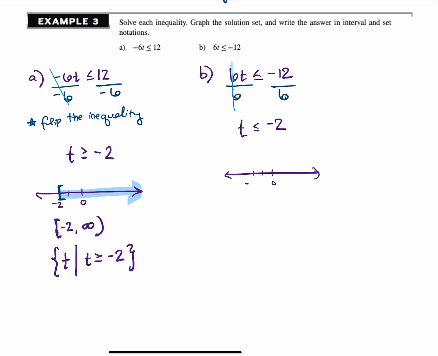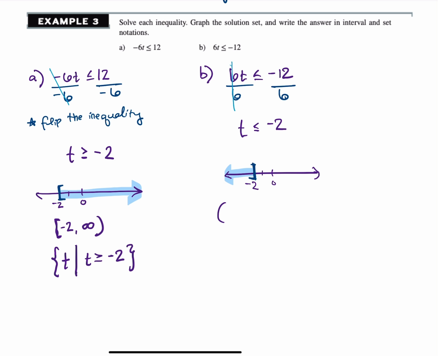So this time, negative 2 here. This time it's less than or equal to. So I would still include the negative 2, but now I want everything that's less than negative 2. So all possible real numbers less than or equal to negative 2. So as an interval, the interval is always reading from left to right.